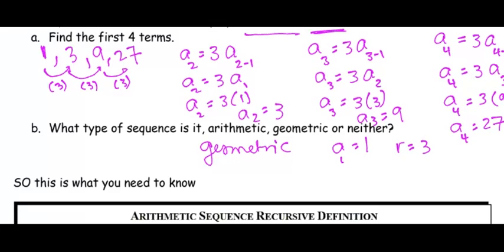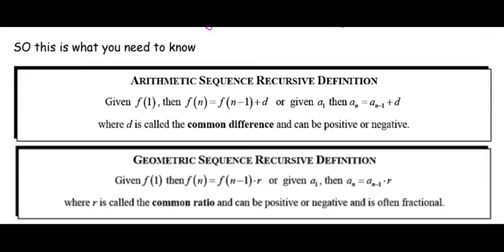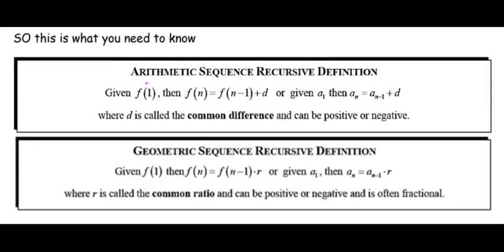So this is what we learned so far. Arithmetic sequences can be expressed recursively. We have to identify the first term when we express the sequence recursively. And then we have to find f of n, and f of n is always expressed in terms of the previous term.